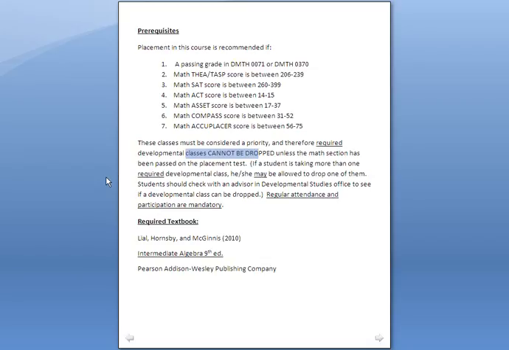Attendance is required in this course, and I'm going to talk about that a little bit more later on. Okay? The textbook, we have a new textbook. The title of the textbook is Intermediate Algebra, and it is the 9th edition. So you want to keep that in mind, that now we are using the 9th edition of this particular textbook.